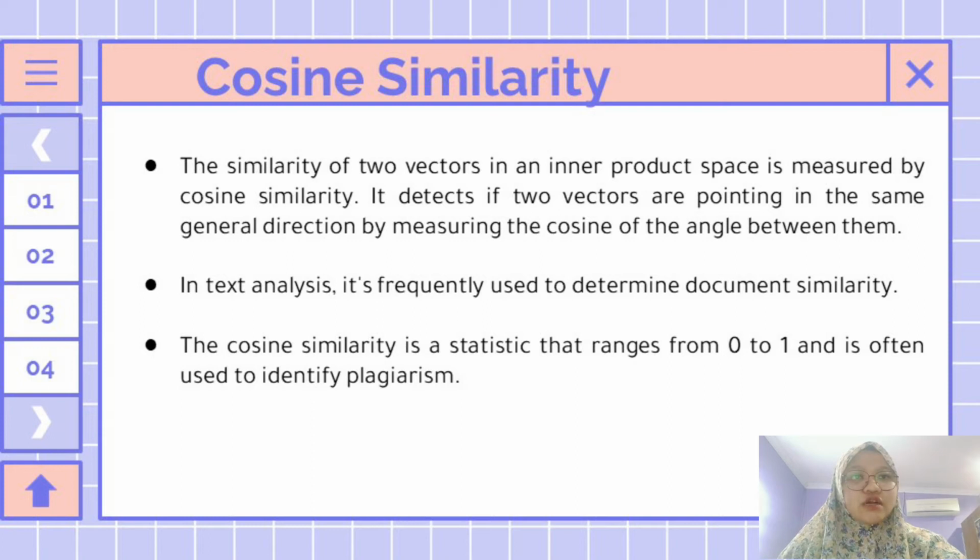Cosine similarity. The similarity of two vectors in an inner product space is measured by cosine similarity. It detects if two vectors are pointing in the same general direction by measuring the cosine of the angle between them. It is frequently used to determine document similarity. The cosine similarity is a statistic that ranges from 0 to 1 and is often used to identify parallelism.